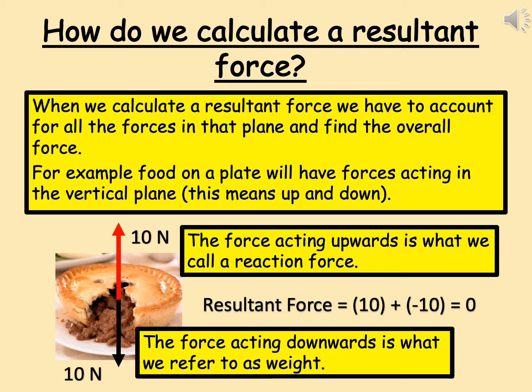It's going in the opposite direction. So when I bring these together, 10 plus minus 10 will just give me 0. This means that the resultant force of the food on my plate would just be 0. There is no resultant force on that object. There is no force causing a change in the object, which is why the food on that plate stays nice and still.